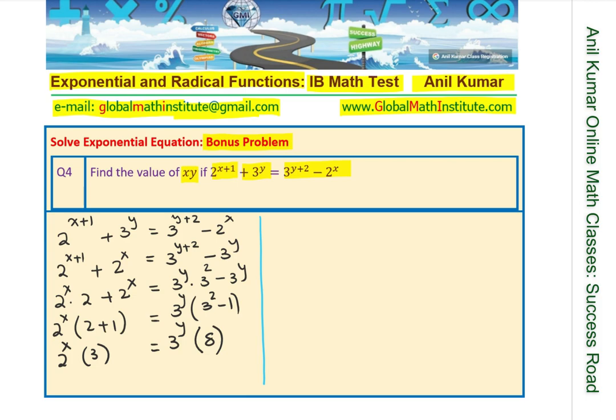So I'm going to rewrite this as 2 to the power of x divided by 8 equals 3 to the power of y divided by 3.